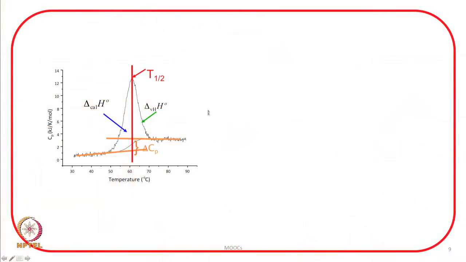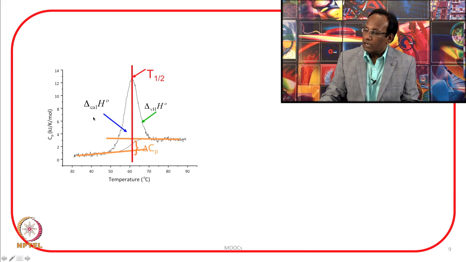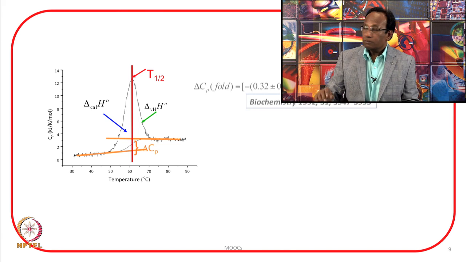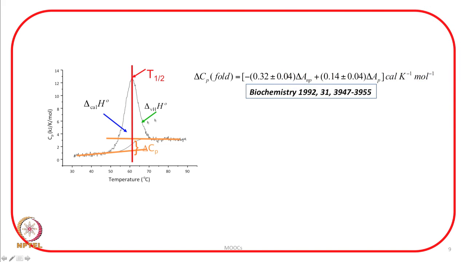So, what we have discussed is that we can get a lot of thermodynamic parameters. For example, if we look at this DSC profile, we can get T half, we can get delta H van't Hoff, delta H calorimetry, delta S, and delta Cp of folding, or I can represent unfolding, for folding, that means we are going from the denatured to the native state.